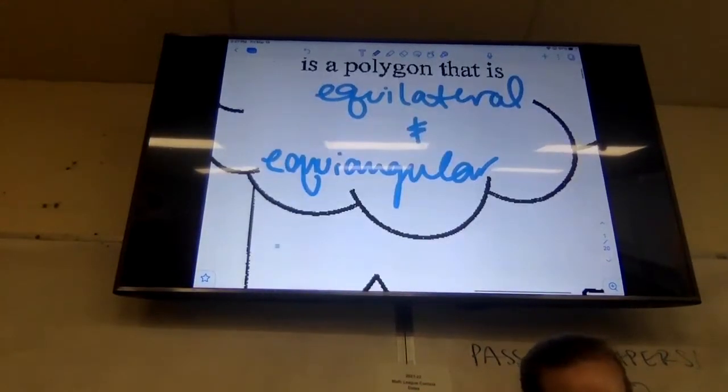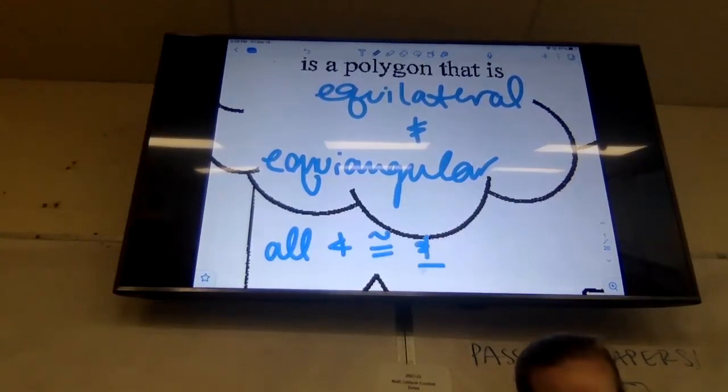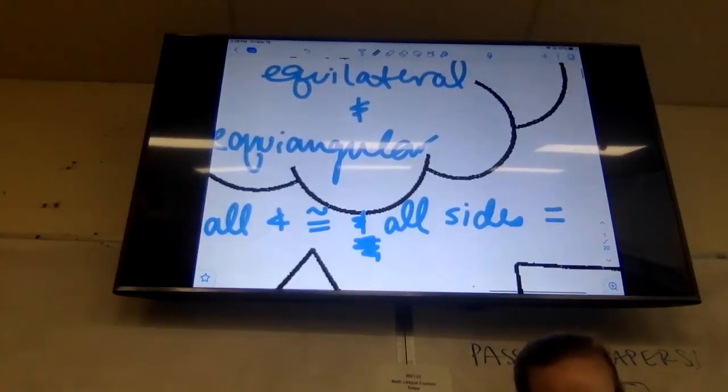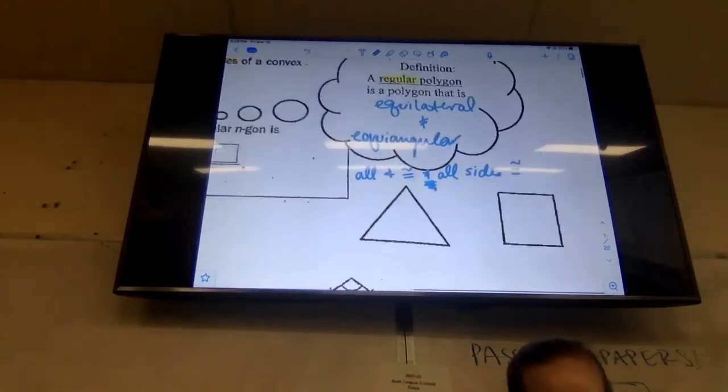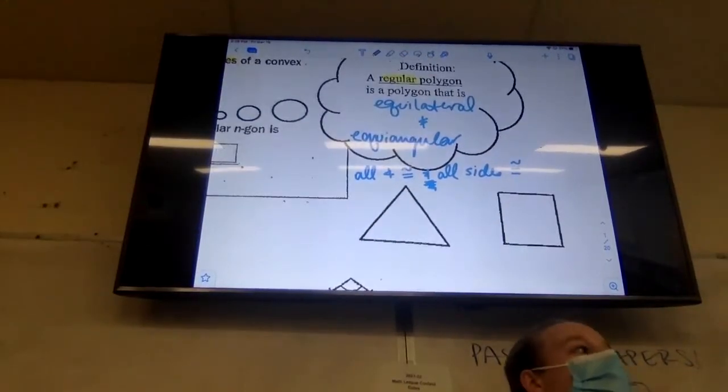So all angles are congruent and all sides are congruent. So equilateral and equiangular. Now there's two regular polygons that we use all the time. A regular triangle and a regular quadrilateral.